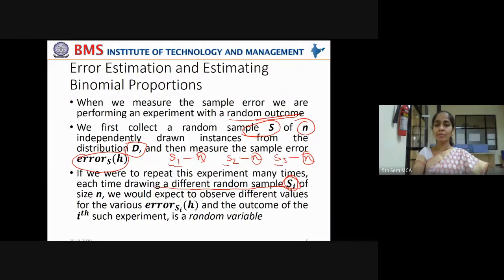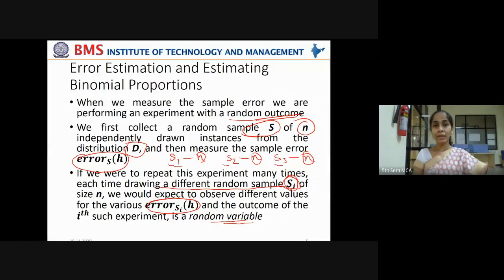We would expect to observe different values for various sample errors, and the outcome of such an experiment is a random variable. Did you understand? Each of these sample errors is denoted by error Si of H, and we can observe that all these samples will have different sample errors. Why? Because they are drawn at random. You're not drawing the instances according to a particular rule.